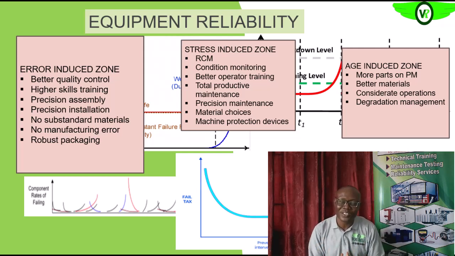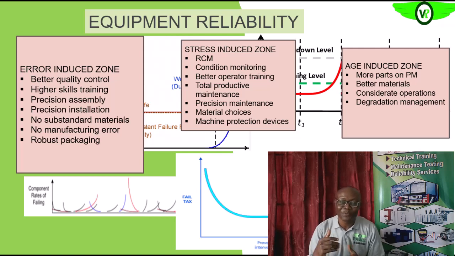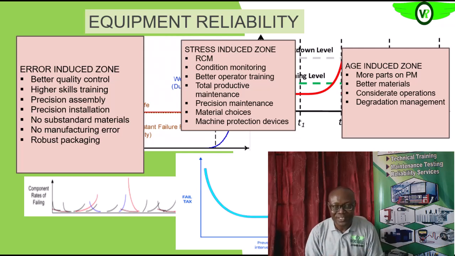We can also increase our PM frequency if that is feasible. That is, if our PM interval was 2 months before, we can reduce it to 1 month. Are we getting it?